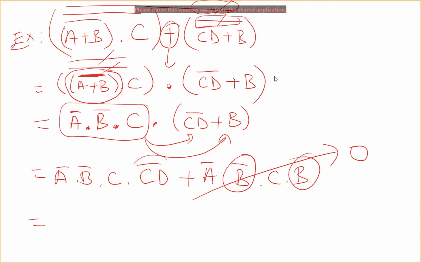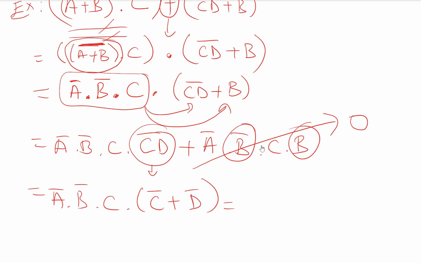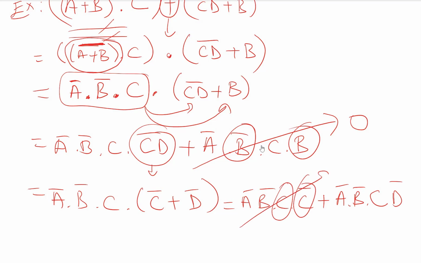And here I can open this, so I can write A naught, B naught, C and C naught D naught. Then I can write A naught B naught C C naught, or A naught B naught C D naught. Since I have C and C naught here, this will go to 0, and the result is A naught B naught C and D naught.